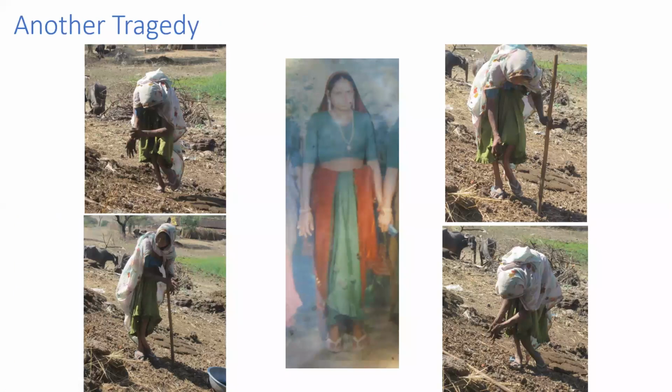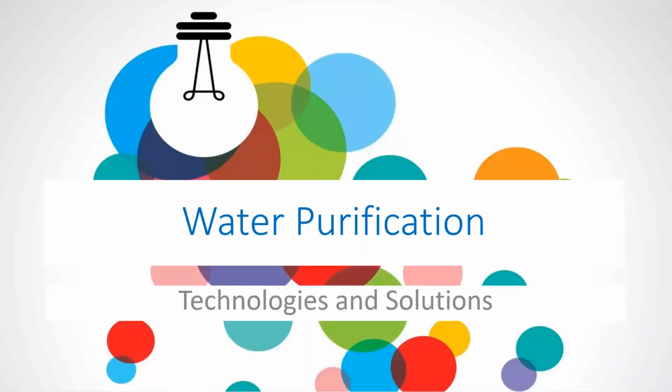This lady was actually born in some other village, not in Jhabua, and then she got married in Jhabua. After living in Jhabua for some time, this particular lady, who was so healthy, became like this. So essentially, just to emphasize, fluoride poisoning is really crippling, and the person is not even able to live a normal life.